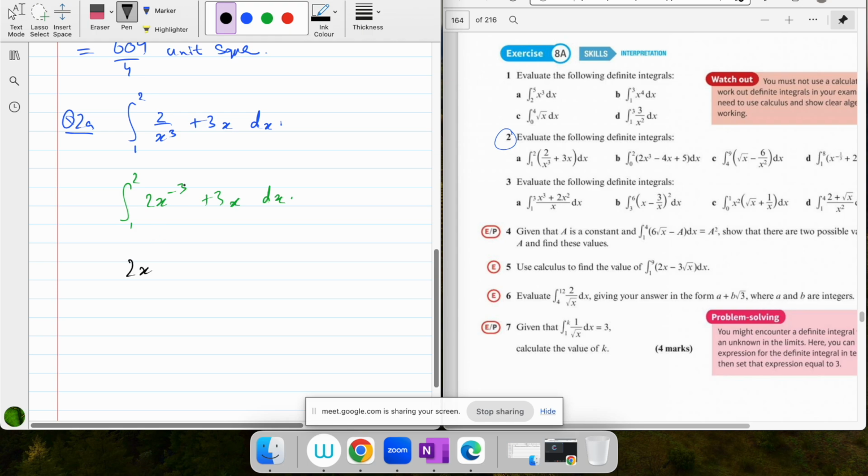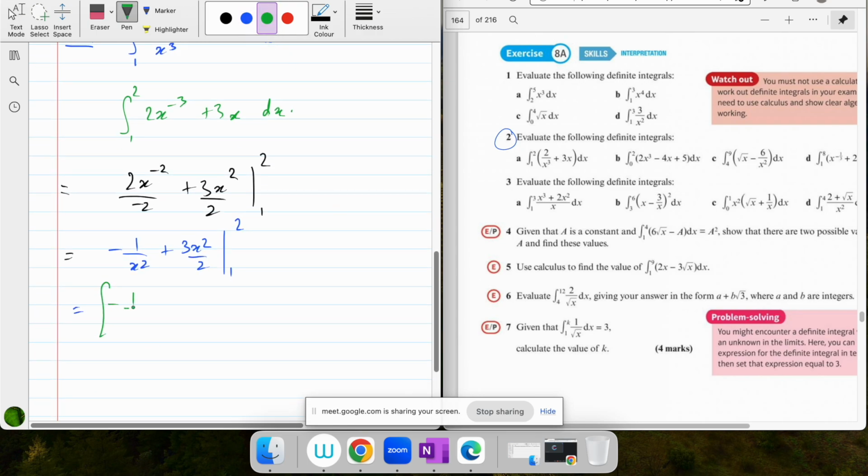So 2x raised to the power plus 1 divided by the new power, plus 3x power plus 1 divided by the new power, from 1 to 2. Simplifying before plugging in the values, this is minus 1 over x squared plus 3x squared over 2, from 1 to 2.